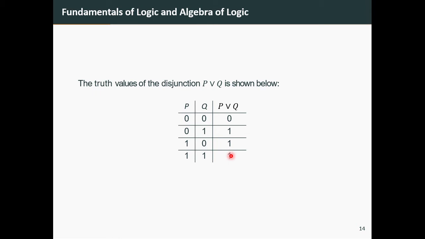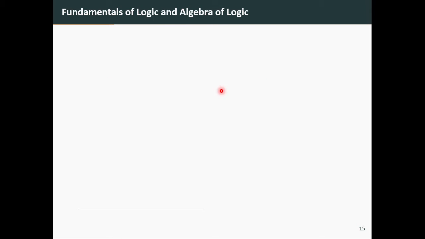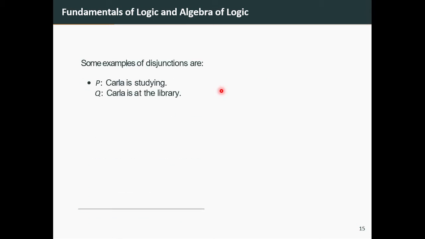Now let's give examples on how to state the disjunction of propositions. For our first example, let P be the proposition Carla is studying. Q is the proposition Carla is at the library.